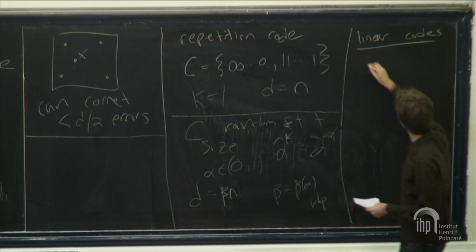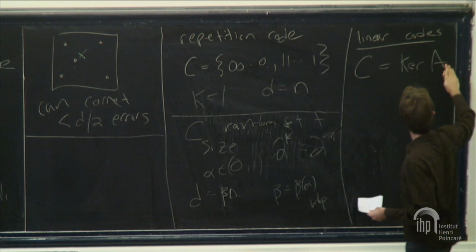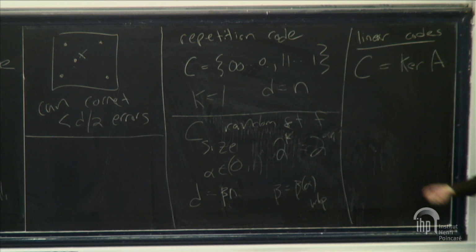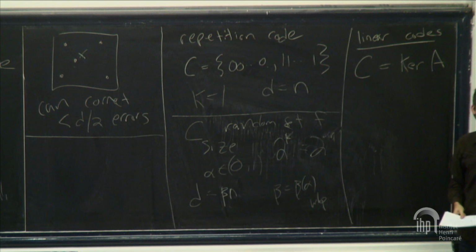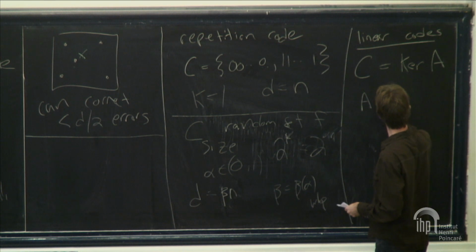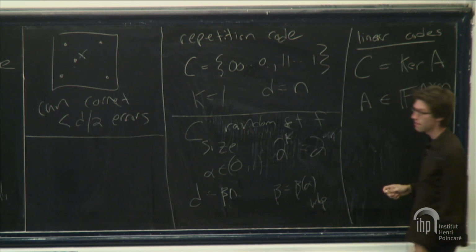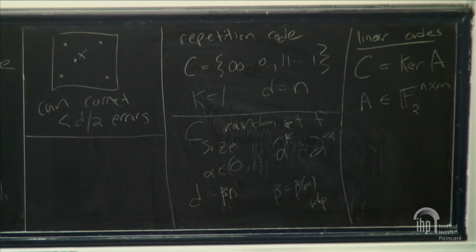So one very important class are linear codes, in which the code space is a linear subspace. And usually we write this as the kernel of some matrix. This matrix is just some m by n matrix. We can think of the rows of the matrix as checks.